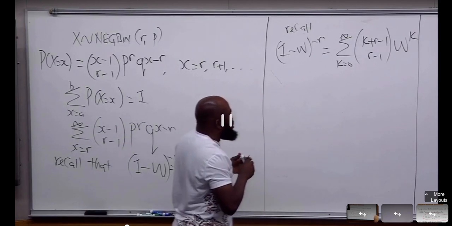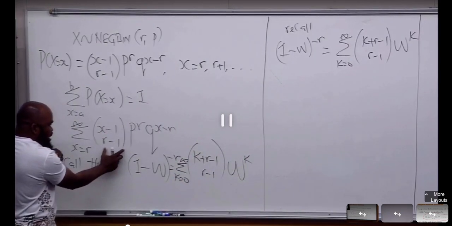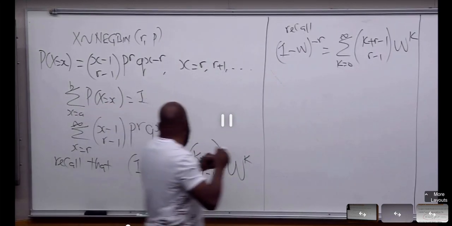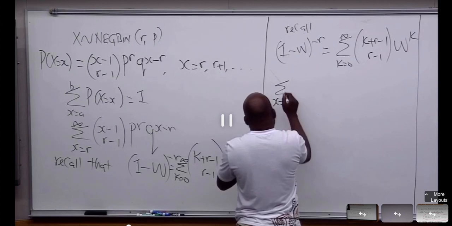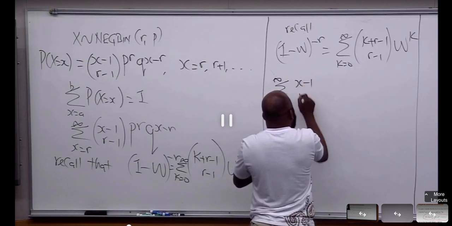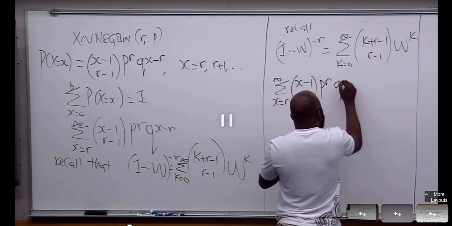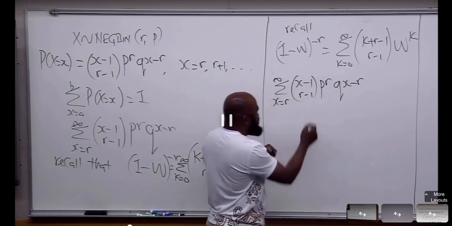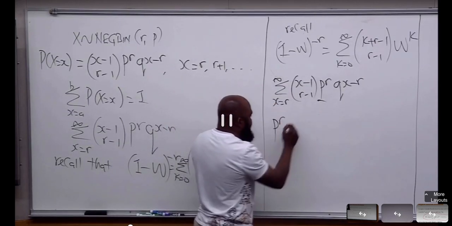So now I want to write this. I have the summation s starts from r to infinity of (s minus 1 choose r minus 1) p raised to power r, q raised to power s minus r. Now this p raised to power r is a constant, so I can bring it out. Then the summation s starts from r to infinity.